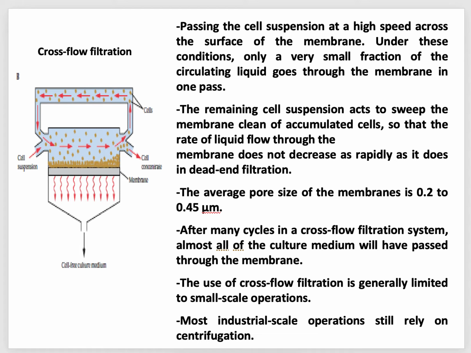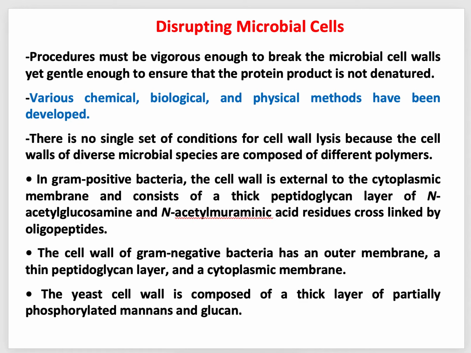Now, after we harvested the cells, after we separated the cells from the media, if our target product is in the media, then we'll work with the media. We then have to purify our product, package it and send it to the market to sell. But if our target product is in the cell, in that case we have to disrupt the cells, to break them down, to harvest our products.